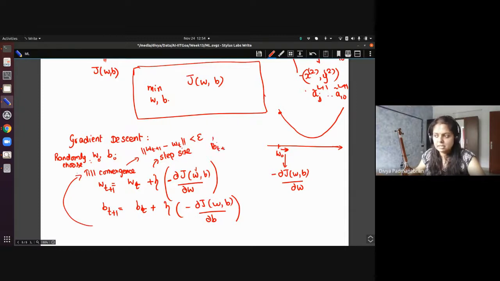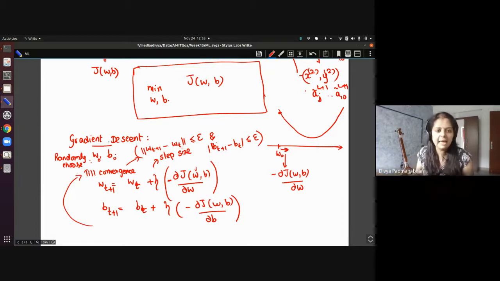As long as both of these hold, you keep looping. Once you're not making much progress, then you stop. So this is the gradient descent algorithm.